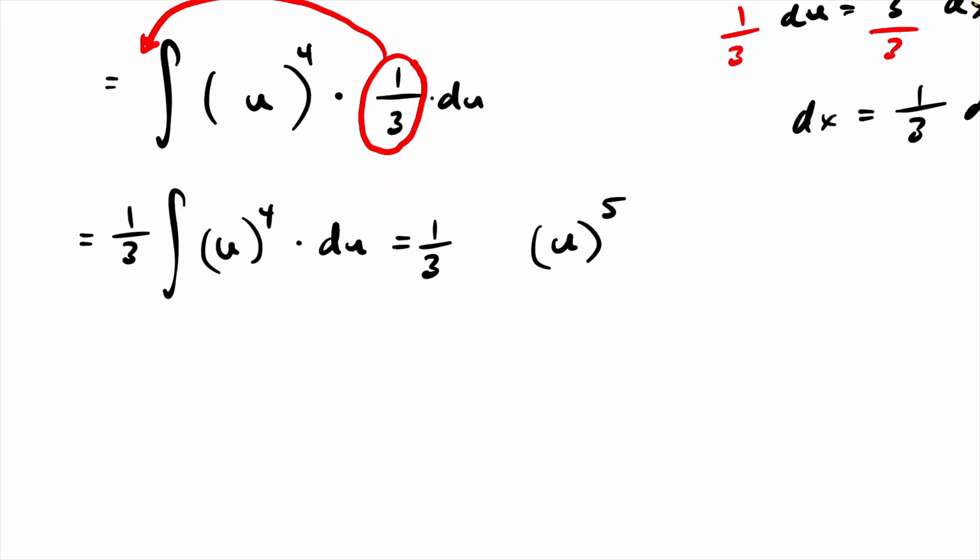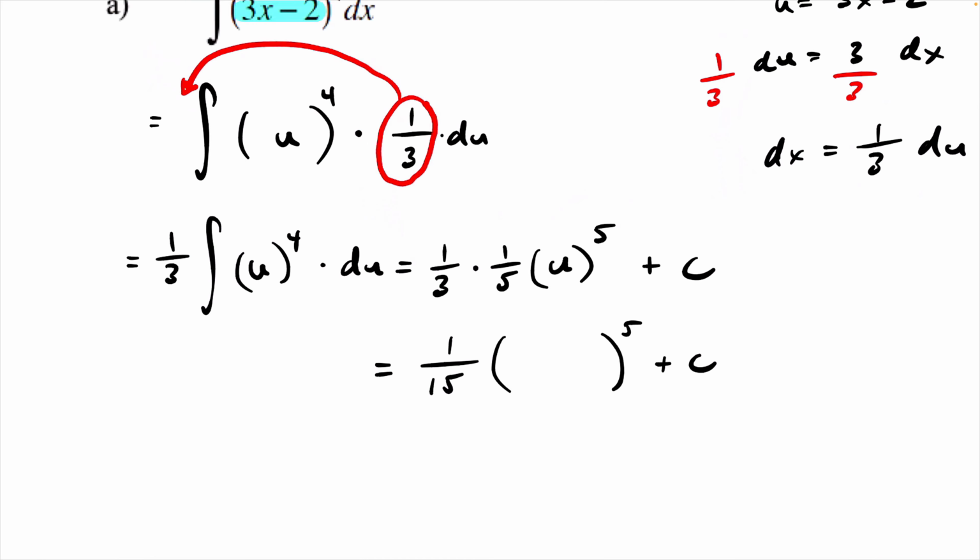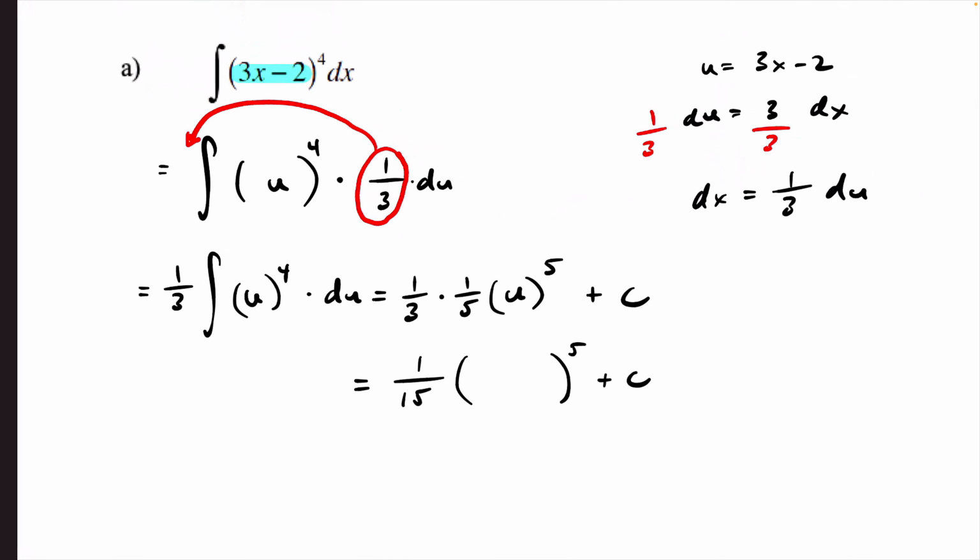Instead of dividing by 5, I'm just going to put 1/5 plus c. 1/5 times 1/3 is 1/15. Move u back in, and you are done.